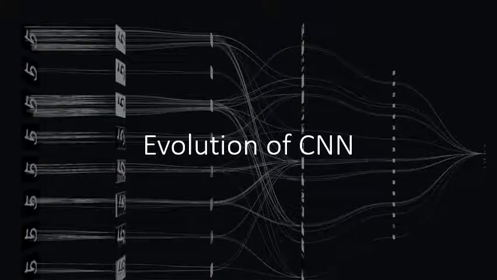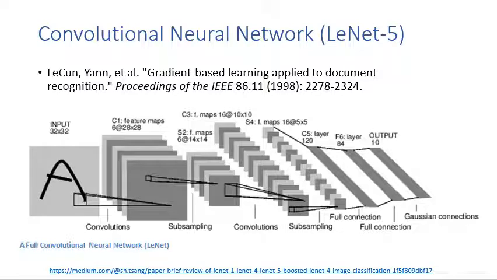Now let's look at the evolution of CNN. I will review different types of convolutional neural networks in this section. The first convolutional neural network was proposed by Yann LeCun back in the 1990s. The neural network shown here is LeNet-5, which has 2 convolution layers with subsampling, and 2 fully connected layers with 1 output layer.